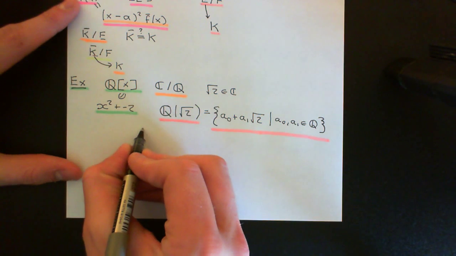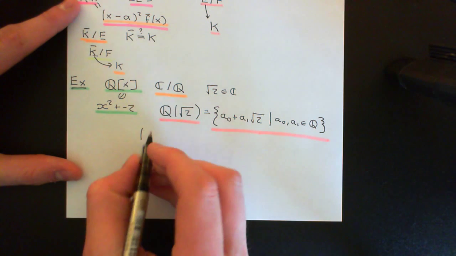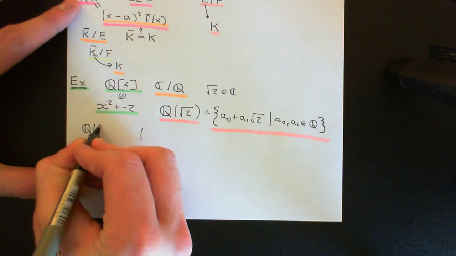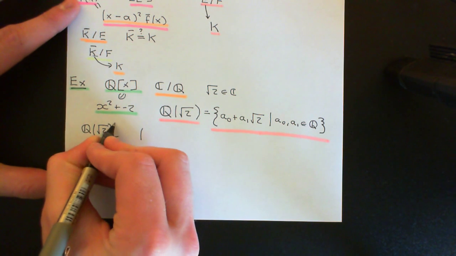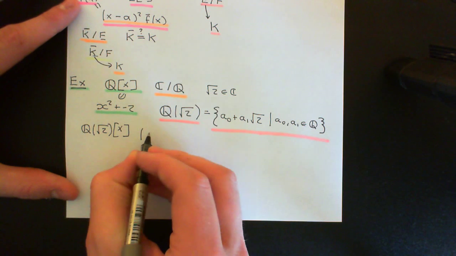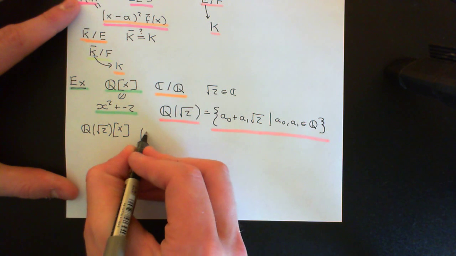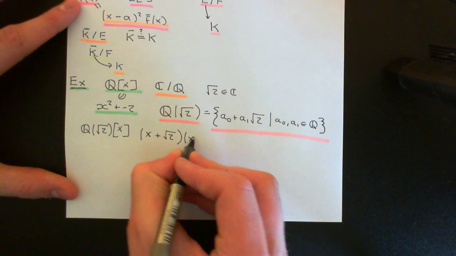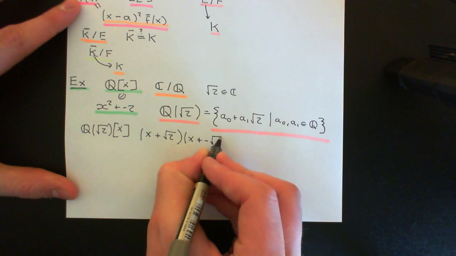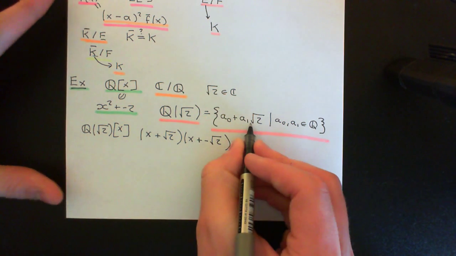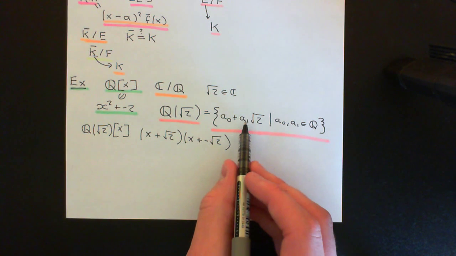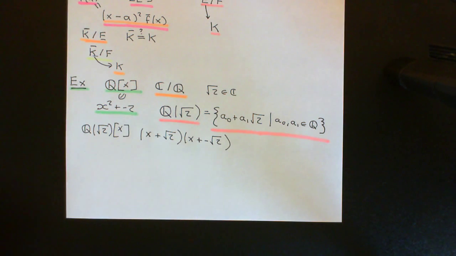Okay, so what we can now do is, over this field extension, so in the ring of polynomials over this field extension of the rational numbers, write x squared plus negative 2 as x plus the square root of 2 times x plus the negative of the square root of 2, which of course are two elements that are certainly in there because you can put a1 equal to plus 1 and negative 1, and a0 equal to 0.